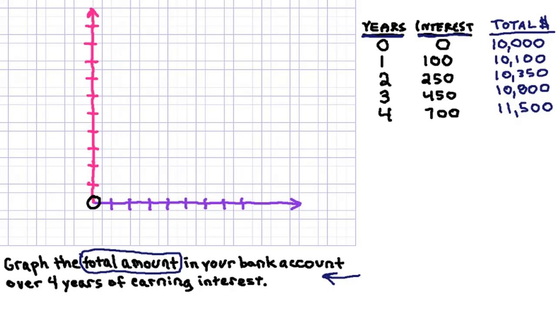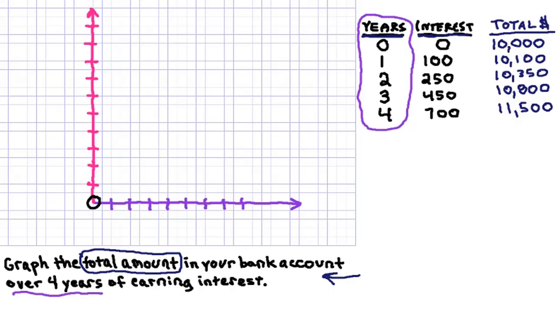So in this new graph that we're doing, what would be the x-axis that we would use? Which column in this table would be the x-axis, your x values? So your x values would still be the years, because we're using over time, over 4 years of earning interest.